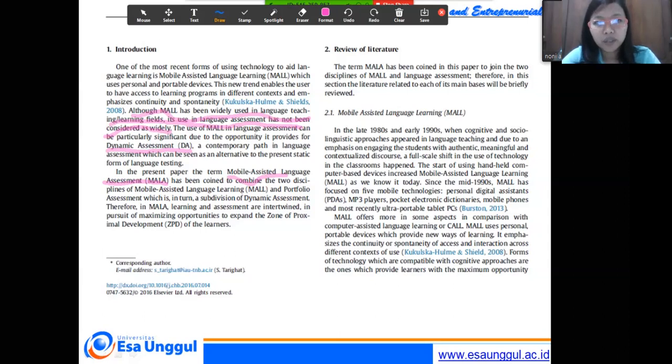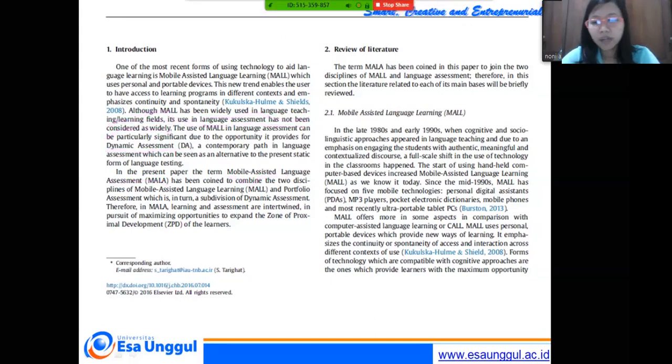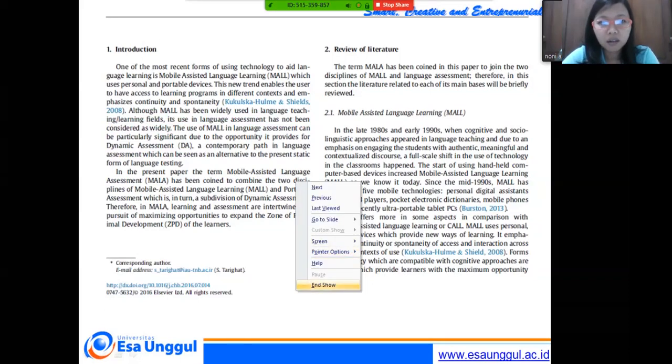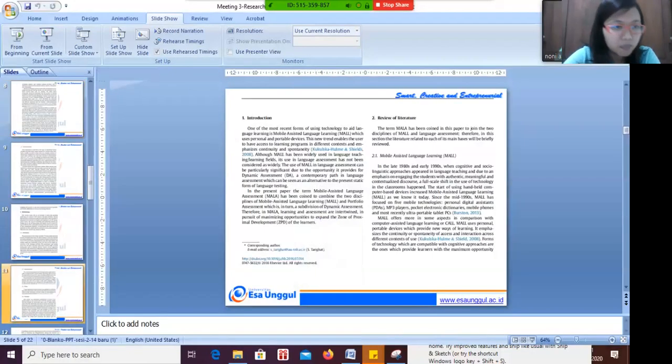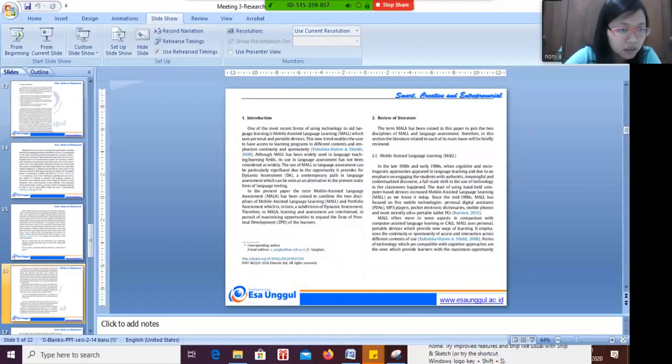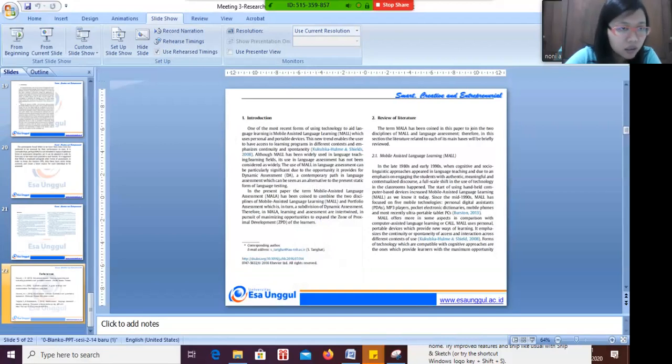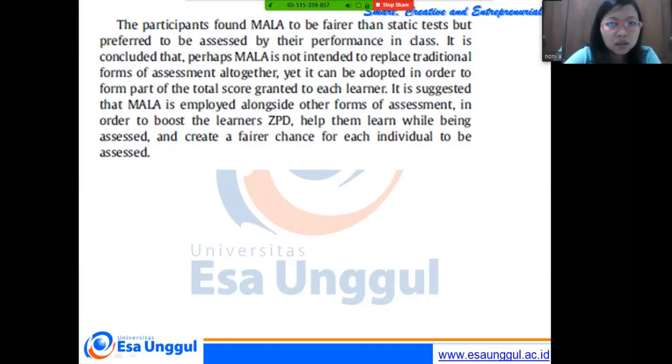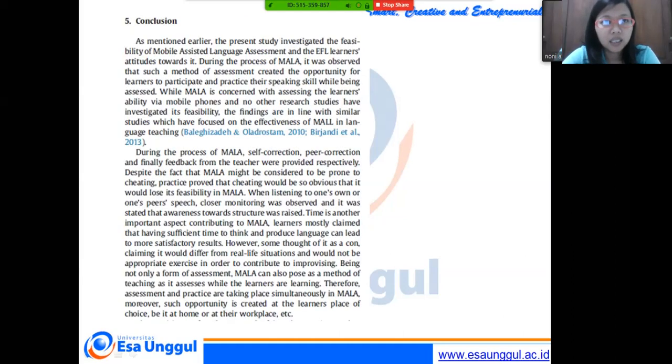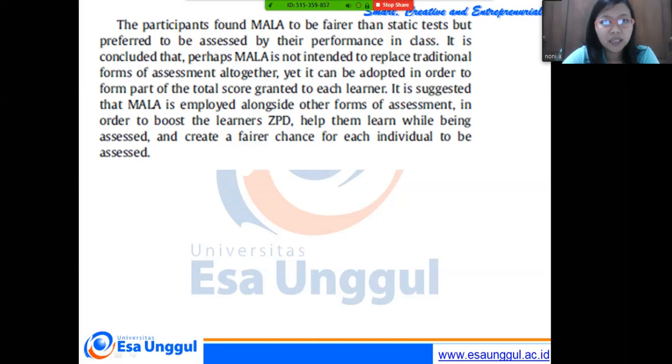Okay, the novelty we already found in the introduction, and then we identify the research significance. The research significance we can find at the end of the article, in the conclusion part.